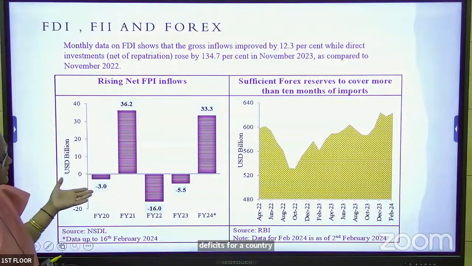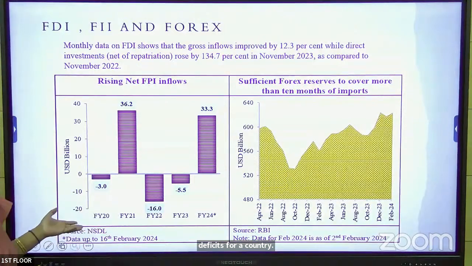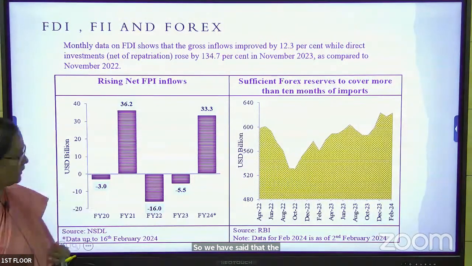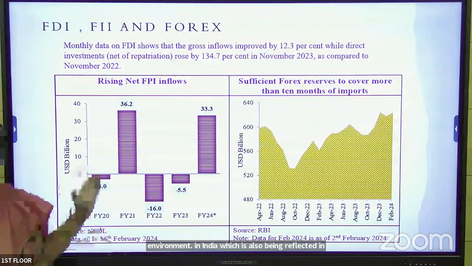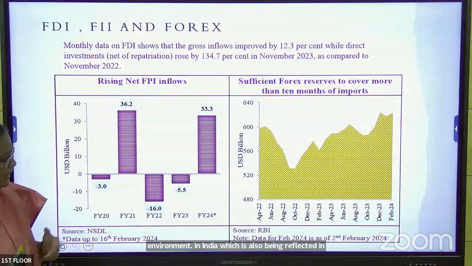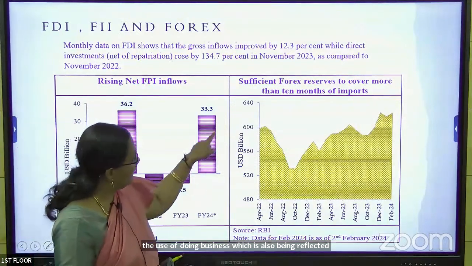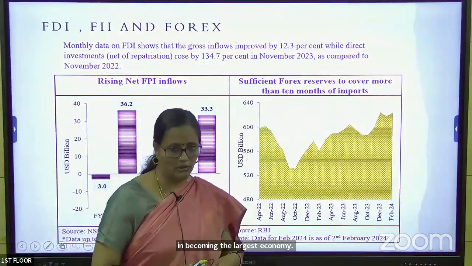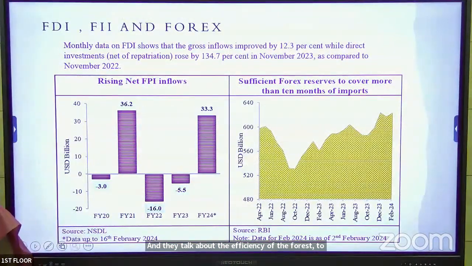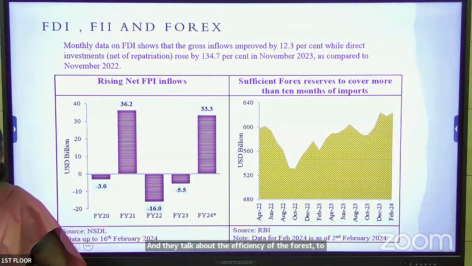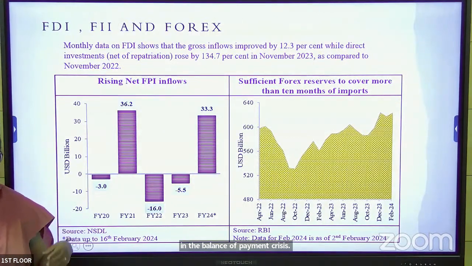So we have said that there is a positive business environment in India, which is also being reflected in the ease of doing business, which is also being reflected in becoming the largest economy. And they talk about the sufficiency of the forex reserves to cover the imports. I hope you know why India ended up in the balance of payment crisis, right? We didn't have even enough to cover the next 15 days of imports.